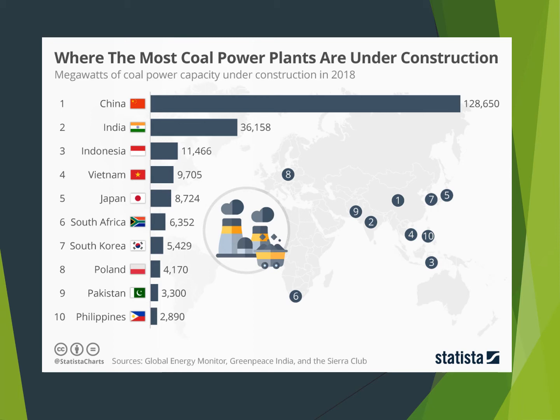When you are expanding economically, that means you are producing more goods. You need a lot of energy to produce those goods. This is followed by India, Indonesia, Vietnam, Japan, South Korea, Poland, Pakistan, and Philippines. And we can see that none of the developed countries, the Europeans, the North Americans, are pursuing coal as the energy source for their civilization anymore because of the problems.